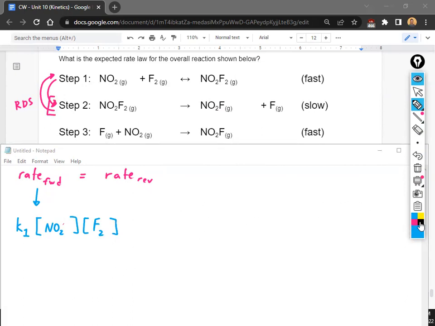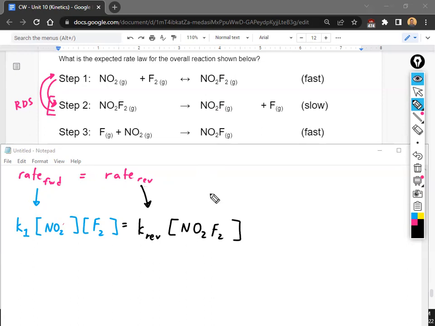And that is equal to the reverse rate, so the K reverse of the second step, times NO2F2. It's getting a little bit super mathematical now, so please stop me if you guys have any questions. But step 1 going to step 2 is the same as step 2 going back to step 1, so the reverse K. Make sense? Okay.